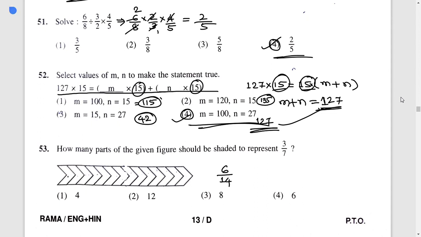So you have to shade 6 parts so that you will get 3 by 7. So whenever you divide it by 3, you will get 3 by 7. So how many parts do you have to shade here? 6 parts. So the answer is 6 here. So the fourth one is correct here.